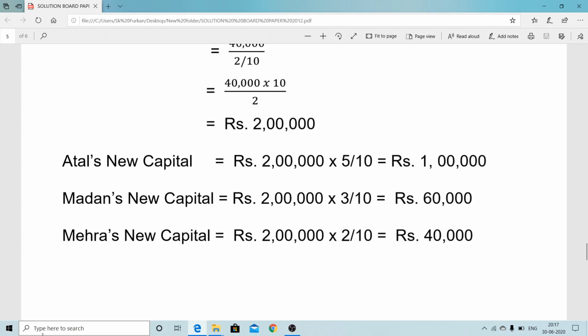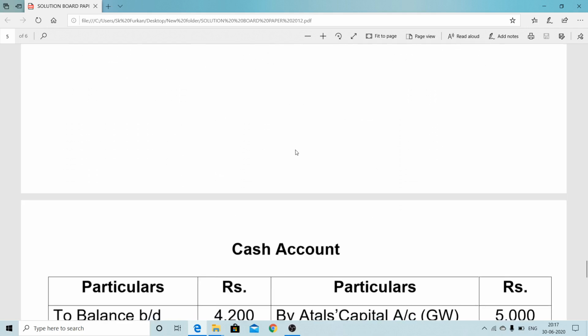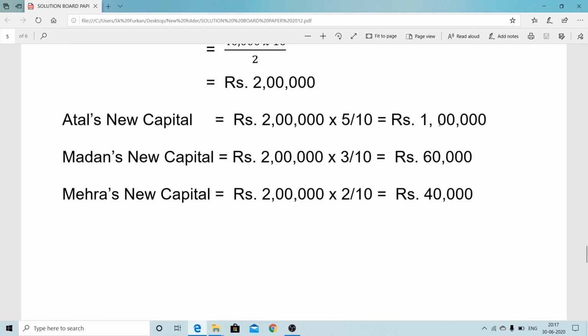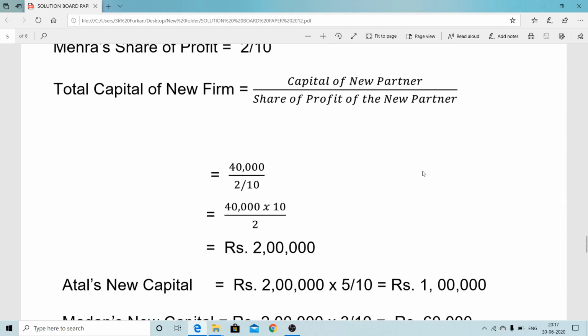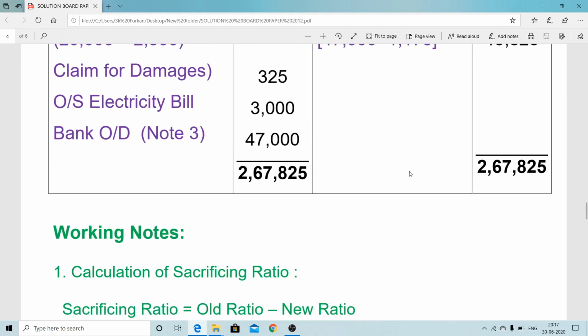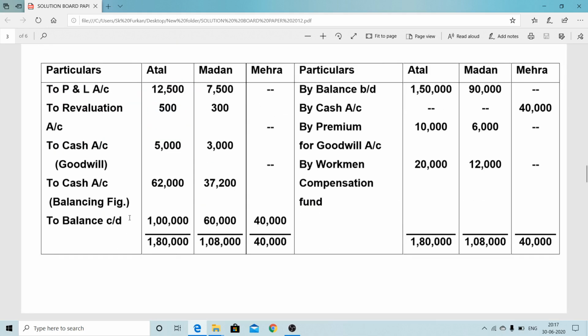That way also the same amount comes. So any method can be used here. That is why the new capital came here. The new capital will be put under partners' capital, to balance c/d: new capital of old partners 1,60,000, and the new partner's capital directly provided.